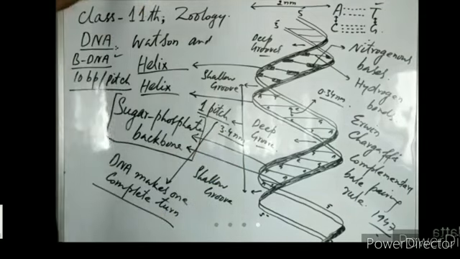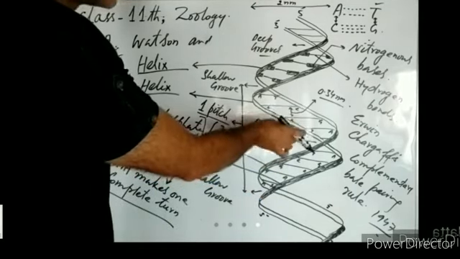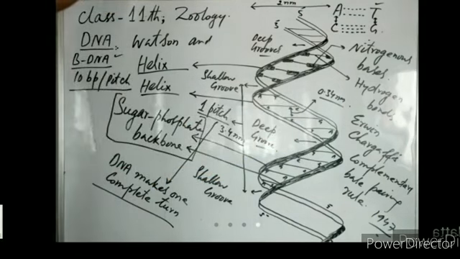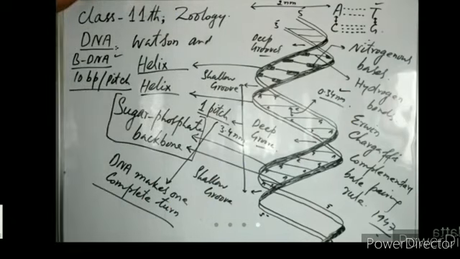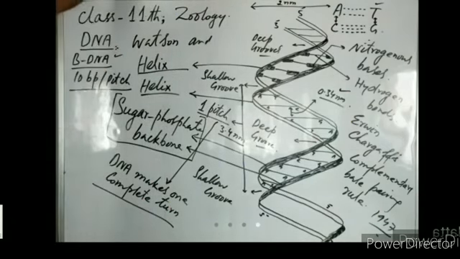It is 3.4 nanometers, right? Since there are 10 base pairs per pitch, the distance between 2 adjacent base pairs will be 0.34 nanometers, right? So this is the physical structure of DNA.